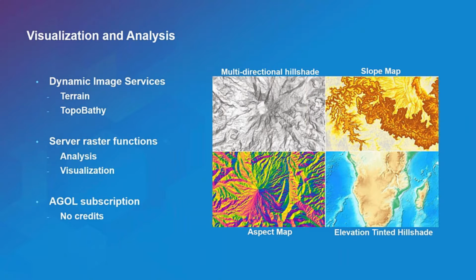The great thing about these services is that you no longer have to store, compile, and process terabytes of elevation data on your local machine. All of the pre- and post-processing that goes along with these types of data sets has been taken care of for you. Access to these global elevation layers is free with an ArcGIS Online subscription.